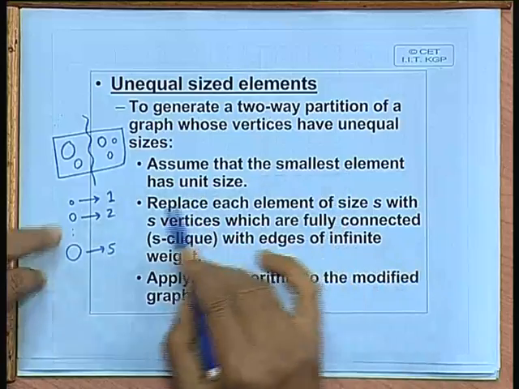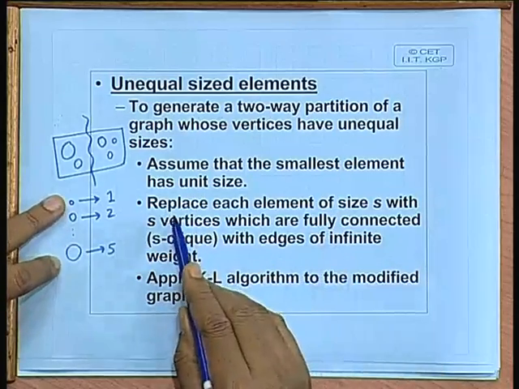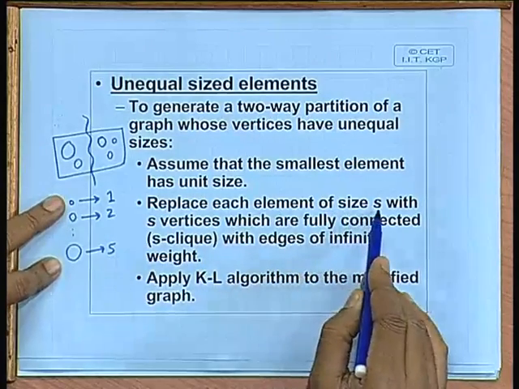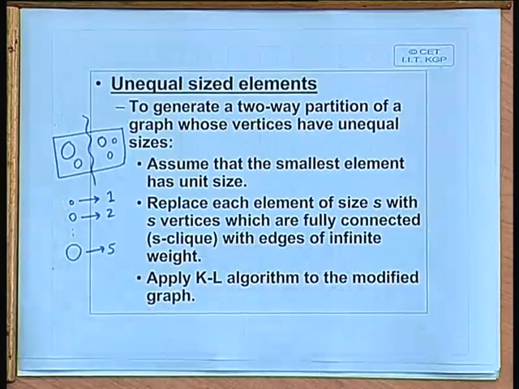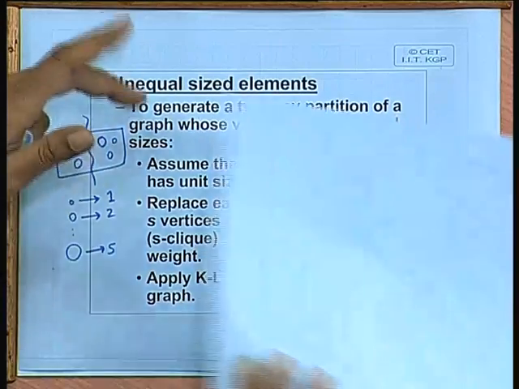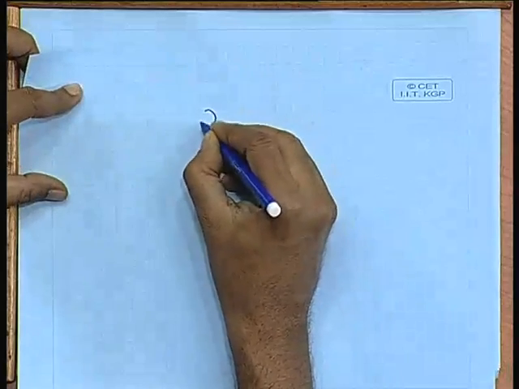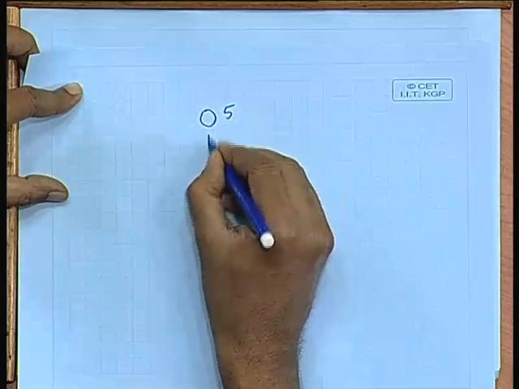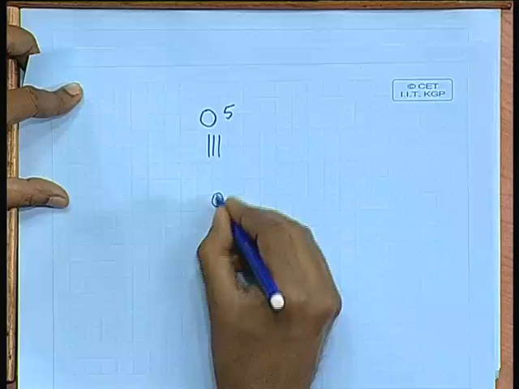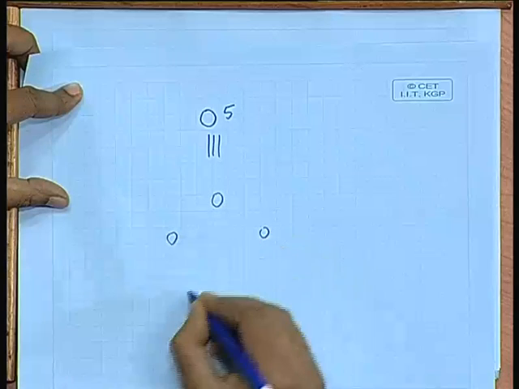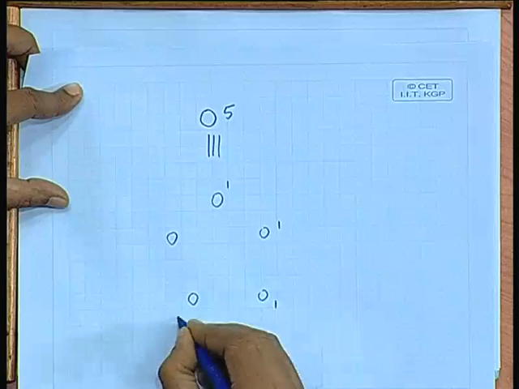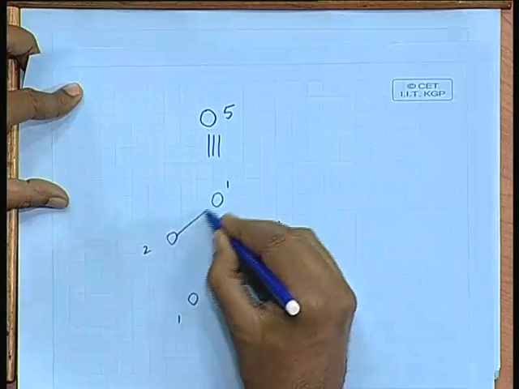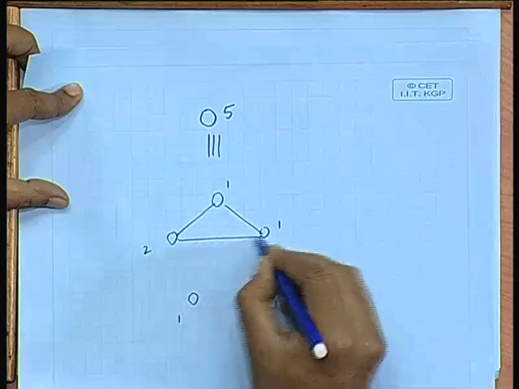So, assume that the smallest element has unit size, and replace each element of size s with s vertices which are fully connected. Like if there is a node of size 5, you replace this node by a 5-node graph, each of whose vertices has unit cost, and this graph is fully connected.